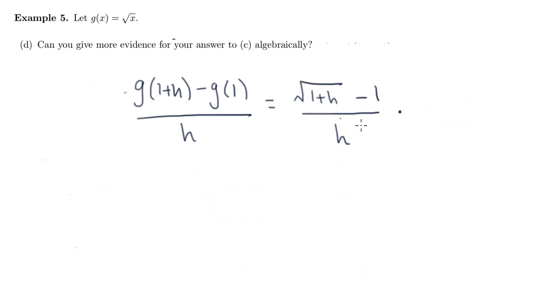So basically what I'm going to do is multiply the numerator and the denominator of this fraction by the same thing. Notice this is square root of 1 plus h minus 1. So I'm going to multiply by square root of 1 plus h plus 1. Now I multiply on the top by this factor, I also need to multiply at the bottom by this factor.